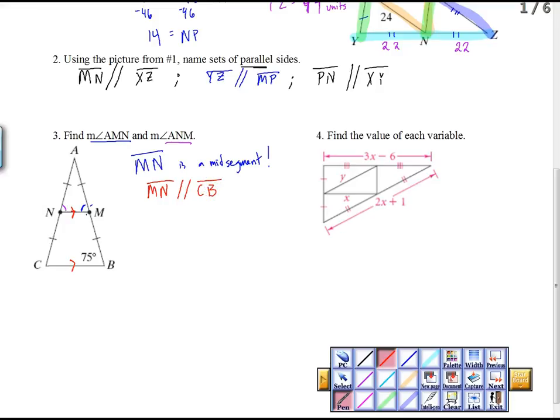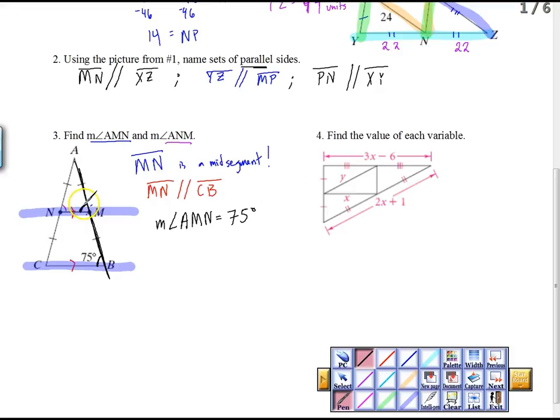If these are parallel, then all of a sudden I have two parallel lines that are cut by a transversal, and I have corresponding congruent angles. So my measure of angle AMN is 75.